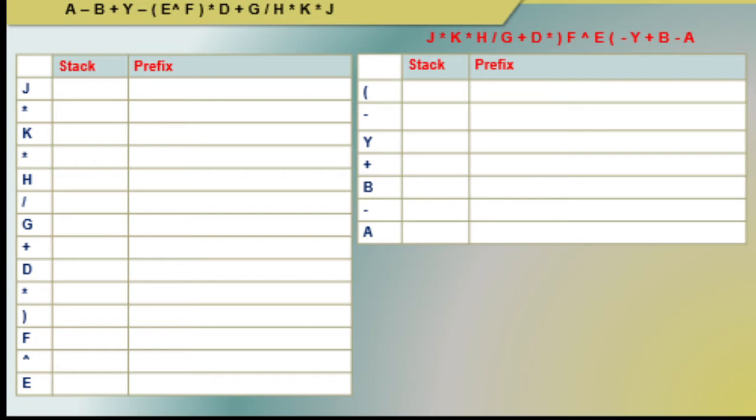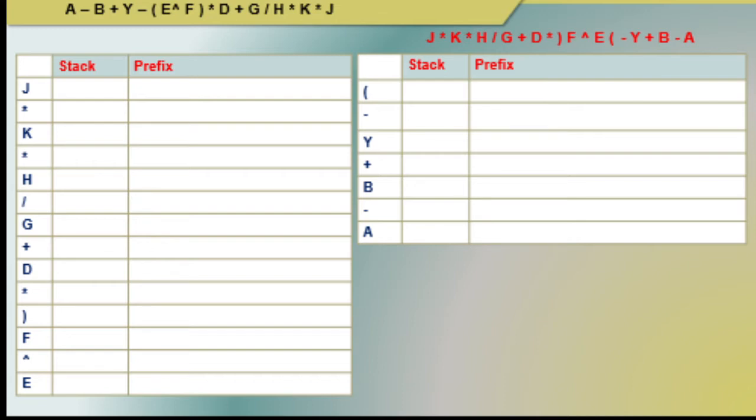Of course, you need to remember also that when the top of the stack contains the close parenthesis, you are going to push on the stack the incoming operator. And finally, at the end of the expression, you are going to pop and print all operators of the stack using the principle of stack, which is last in, first out.